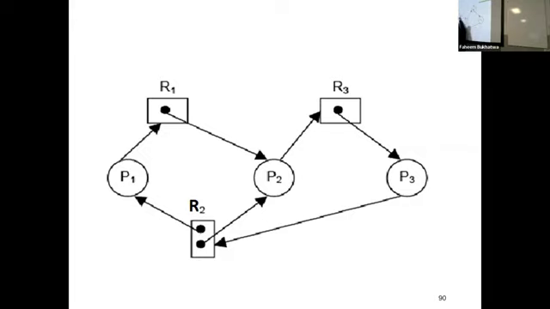P1, R1, you need to follow the arrow. P2, yeah, you can't go in this direction, you have to follow the arrow. R3, P3, R2, P1. That's the deadlock sequence. As long as it brings you to the same point.